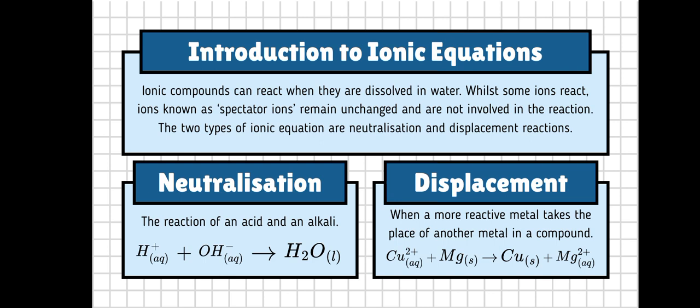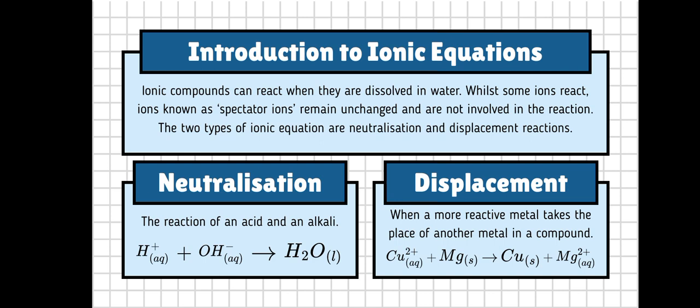Now what is neutralization? Neutralization is the reaction of an acid and an alkali. For example, hydrogen and hydroxide ions form water. So this is the reaction of acid and alkali.